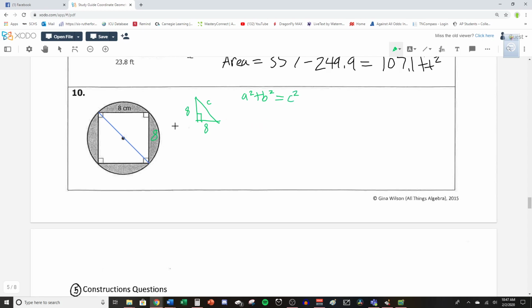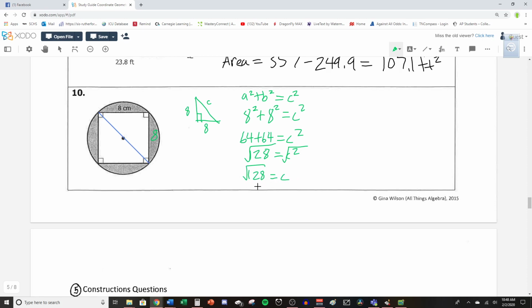Our goal is to find the area of this whole circle so we can get the shaded regions only. So this is 8 squared plus 8 squared equals c squared. That's 64 plus 64, which equals c squared. That's 128 equals c squared. And we're going to square root both sides here. So this is square root of 128 equals c.